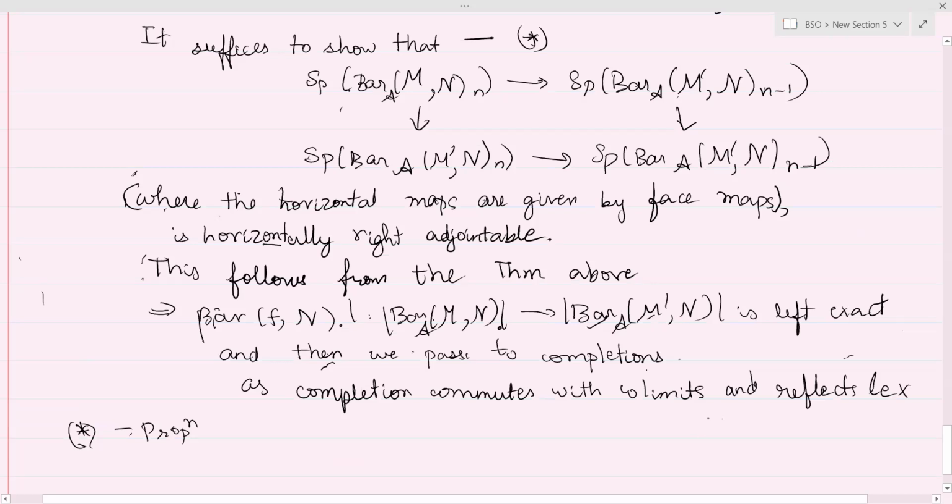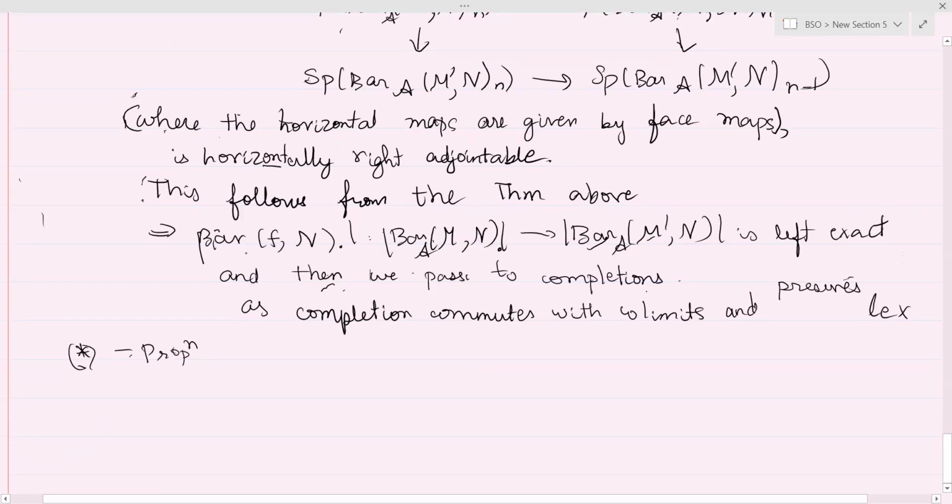Yes, it's for left exact and almost compact. It both reflects and preserves left exactness and almost compactness. I see. But I think here you're using preservation, as Alex mentioned. So thanks for that.